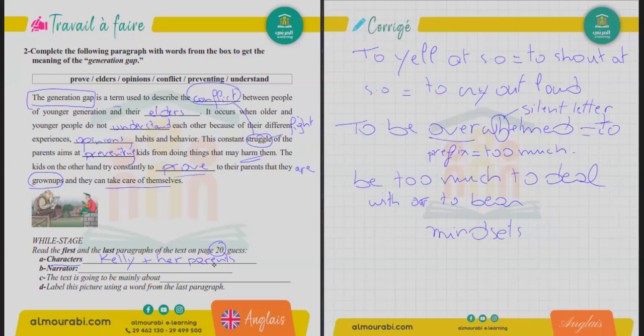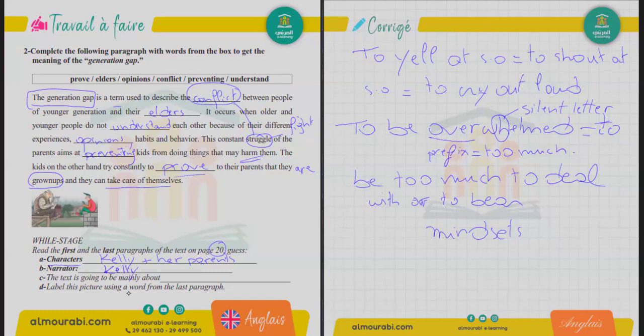It is already written at the end of the text, page 21. This is Kelly talking, and her age is 17. It means almost your ages. So the one who speaks about his problem here, the narrator, is Kelly.